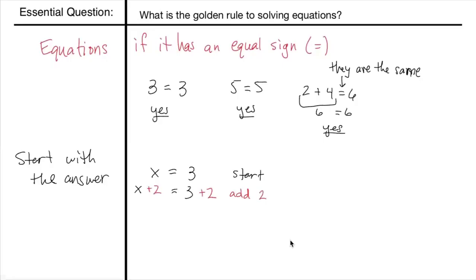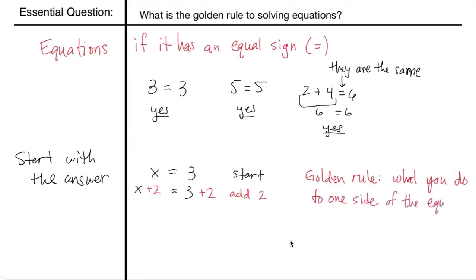Now, we have to do it to both sides because here is the golden rule in solving equations. What you do to one side of the equation, you must do to the other.